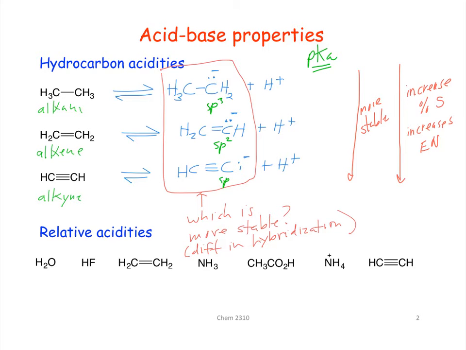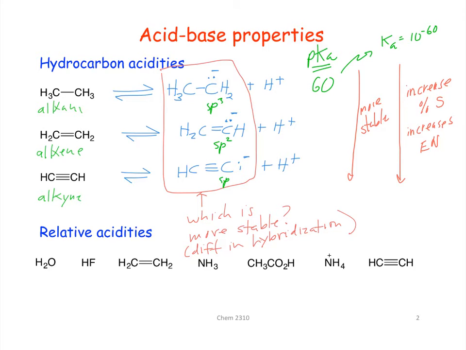So the pKa of ethane is about like methane, something on the order of 60. Remember what this means. If we had a pKa of 60, the Ka would be 10 to the minus 60th, so the equilibrium constant would be 10 to the minus 60th.